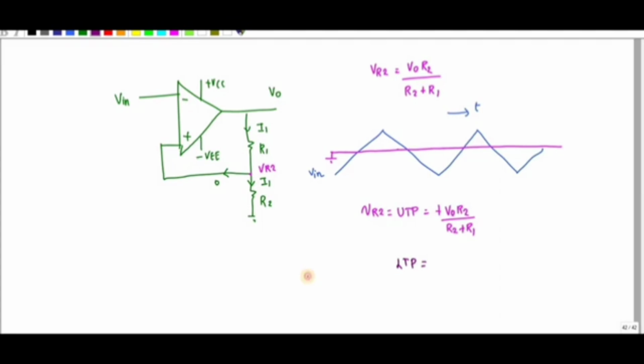Our triggering point. The lower triggering point is minus V0 of R2 divided by R2 plus R1.